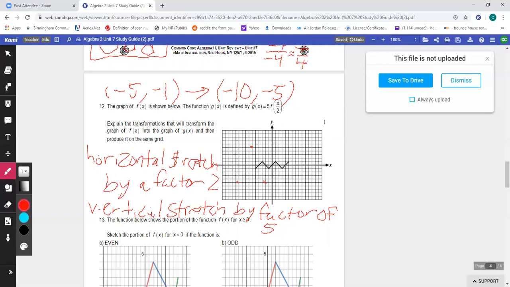And this one, the one at 1, 1, multiplied by 2 to get to 2, multiply the y value by 5, and you're up here. This one will be right here. And then this one will be all the way out here.